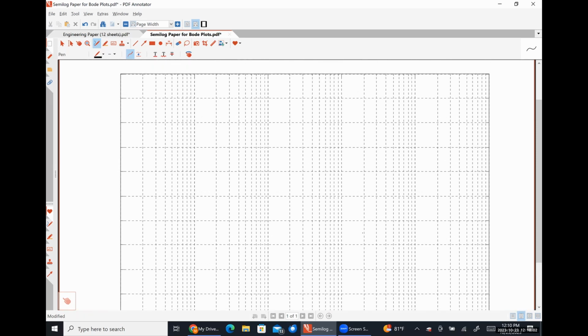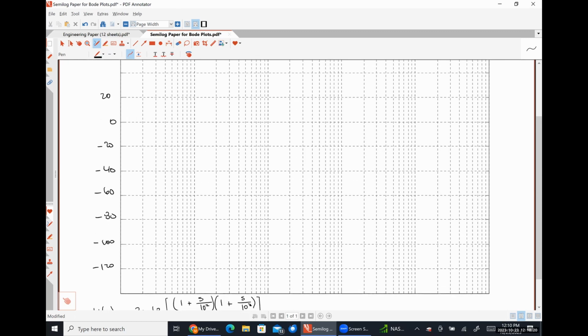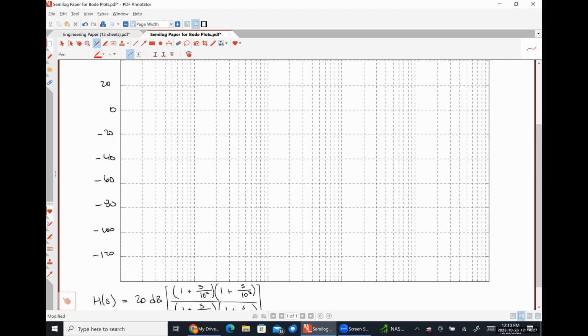All right. Just for the sake of argument, let's call this 0 decibels, this 20 decibels, -20, -40, -60, -80, -100, -120, and so forth, right? So our baseline is at 20 decibels. I think I did that one in red, so let's just fill this thing out in red. So it's right on the axis.